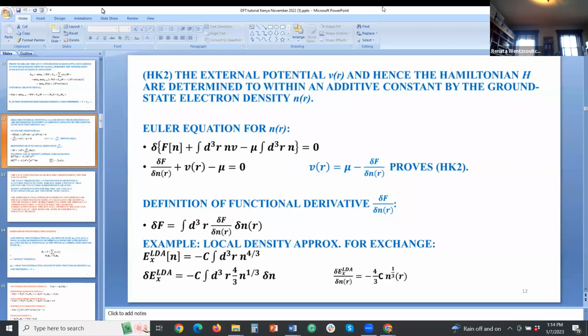So the functional derivative of E_x LDA with respect to n is minus 4/3 C times n to the 1/3 of r. And that is a quantity that in the Kohn-Sham theory we'll talk about later, serves as a local density approximation to the exchange potential, the effective exchange potential that electrons see. Notice that it's just a function of r. It's not an operator. It's just a function of position. The functional derivative is always just a function of r.